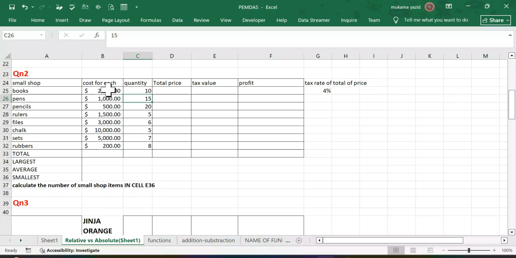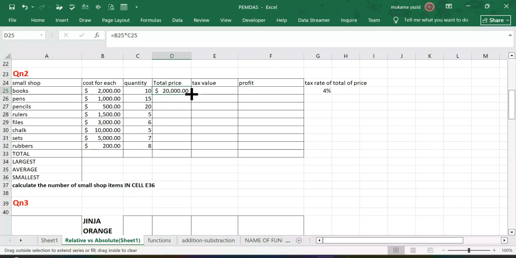This is the cost for each item. Each book you can get at 2,000, but remember you bought 10 books, so 2,000 times this one gives the total price for all the books you bought. So this is the sale times this, and obviously you get the answer.